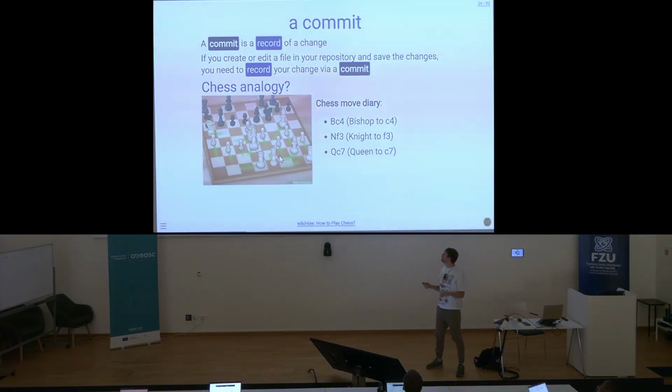For example, I move bishop to c4. I don't know if this is real, I just made this up. But they will write bc4 and nf3, and you write down on a piece of paper, one by one, what you're doing and what the opponent is doing. So you're recording the changes happening to the board.